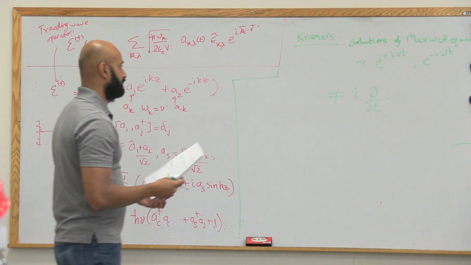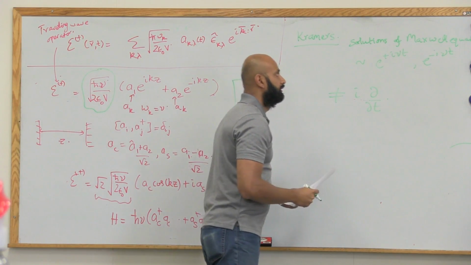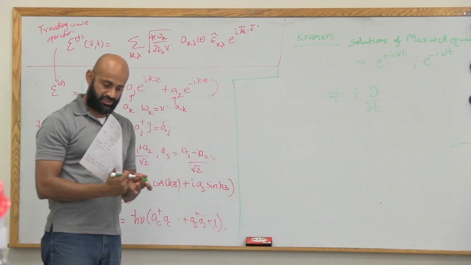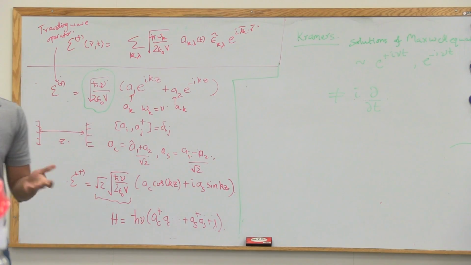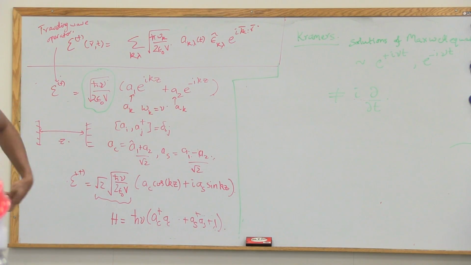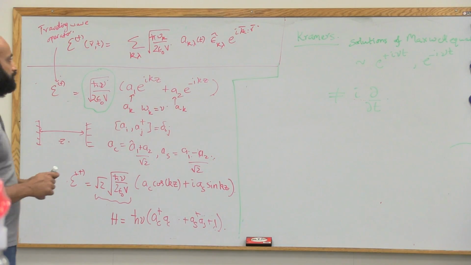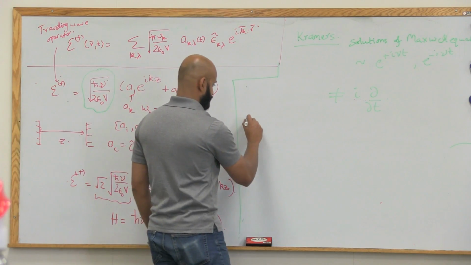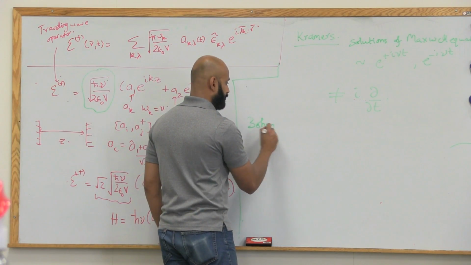They cannot be eigenfunctions of this operator, because the eigenfunction of this operator always has to have only e to the plus i nu t or minus i nu t, depending on the phase that you choose. That was the first issue that Kramers raised back in the 1920s when they were discussing how to quantize the photon.